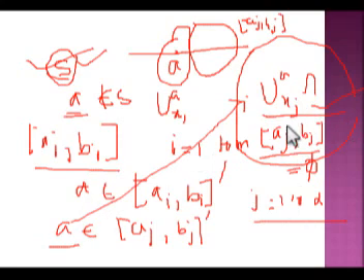This is the intersection, and this finite subcover does not take the point A. So we are not getting that every open cover has a finite subcover. We know that S is compact, so every open cover must have a finite subcover.